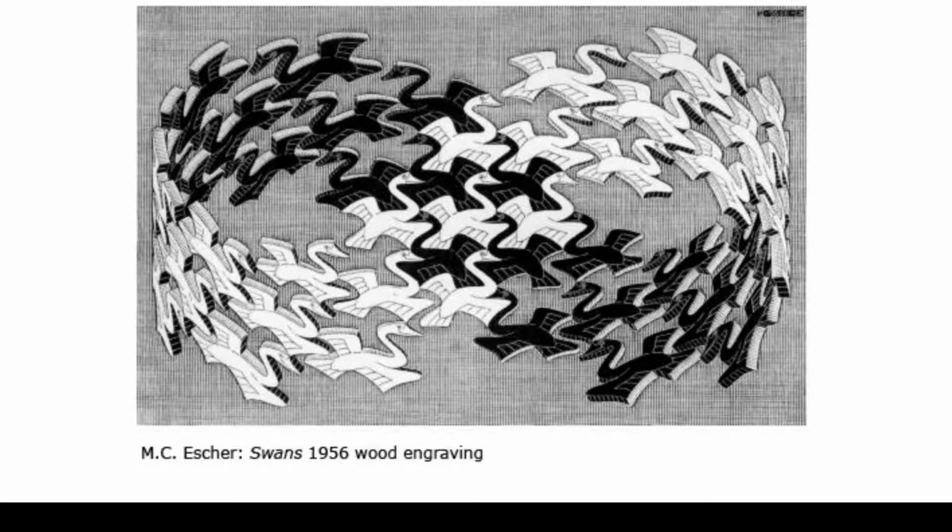MC Escher, most people have recognized a lot of his illustrations over the years due to their figure ground ambiguity. We have a lot of illusionistic work that he does, and this is primarily because he utilizes figure ground ambiguity in his work.